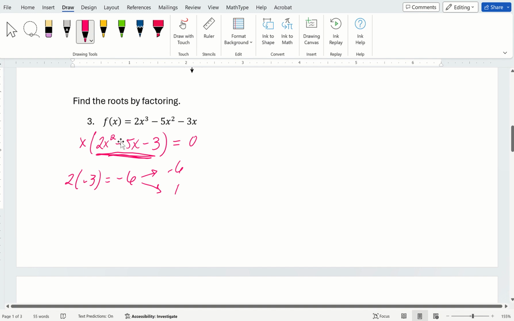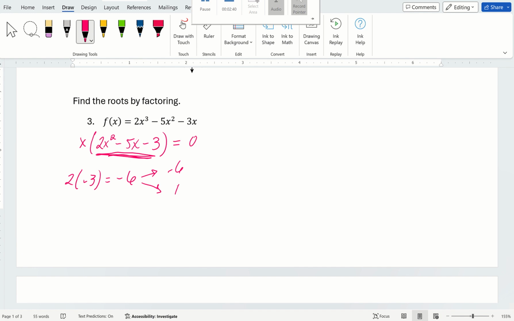And so we're going to rewrite this middle term using negative 6 and 1. So I'll go over here, 2x squared plus 1x, so I'll just write x, minus 6x minus 3. And then we're just going to factor by grouping just like we've been doing.